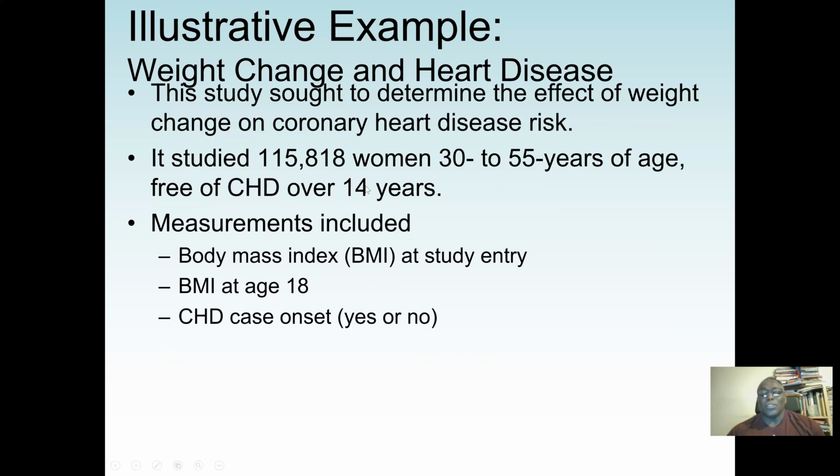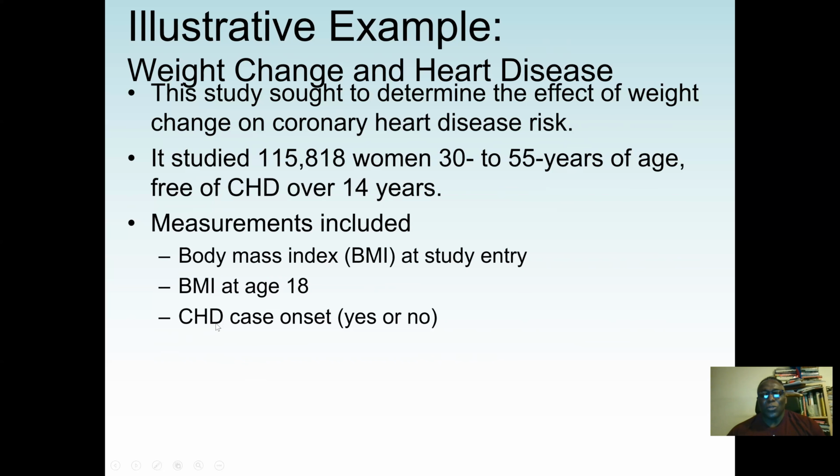So here, this is just a sentence. Now we want to know which of the data will be categorical or nominal, and also ordinal or quantitative. So here, measurement included body mass index at study entry. So we have a BMI at age 18.